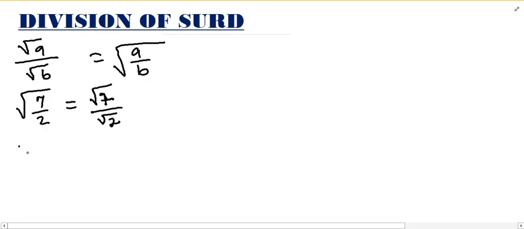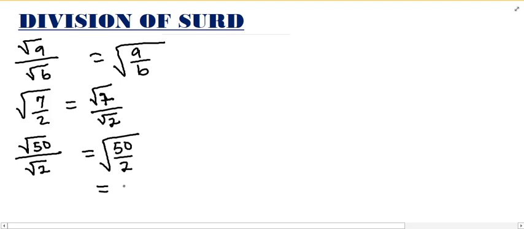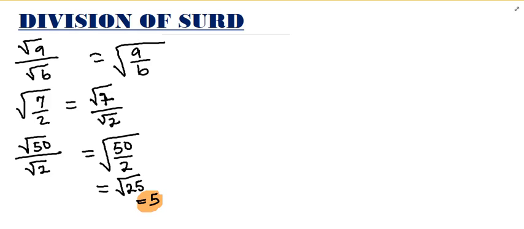It has surd 50 over surd 2. Just simply combine it, surd 50 over 2, and what's it going to give us? 50 over 2 is just 25, so surd 25, and square root of 25 is what? 5, a single number. So just always check what's going to work for you easily, and then while dividing, with your intuition you can simplify down to the desired form you want that question to be.